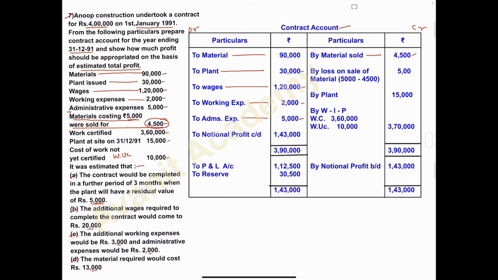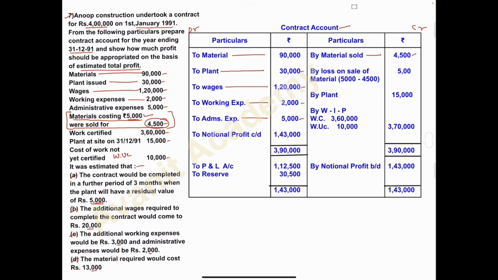See this point. Material costing rupees 5,000. Okay, the original value, the actual value of the material is 5,000, but it is sold for 4,500. Means there is a 500 rupees loss. In this transaction, they have incurred 500 rupees loss, and loss you have to record on the credit side of the contract account.